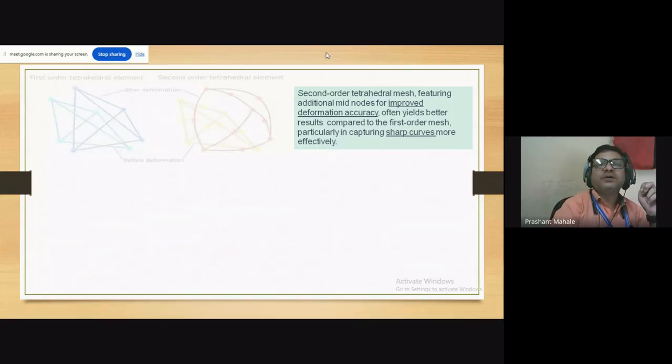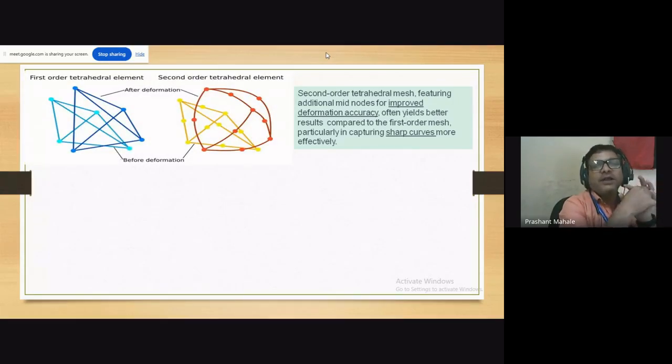So in the diagram form you can see that, if you can see my cursor here, you have tetrahedron like this, tetrahedron element, 3D element. This is a 3D element if you remember that list. If that is used, so this first case, light blue, is the mesh or element before deformation.